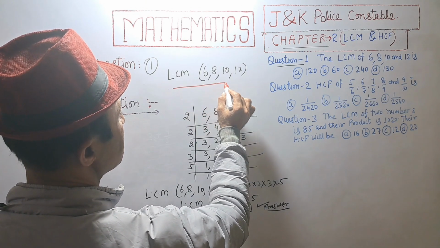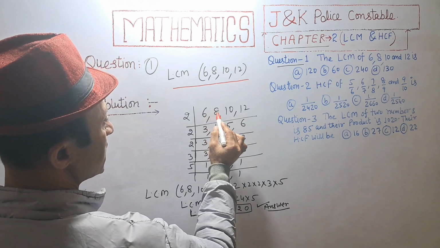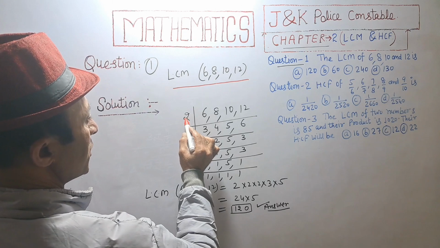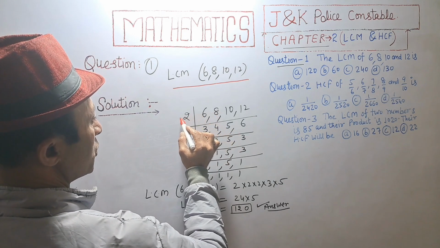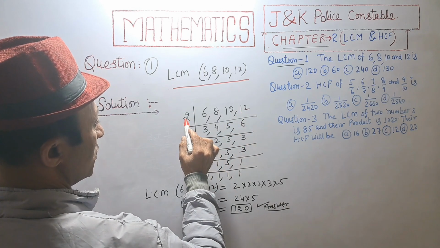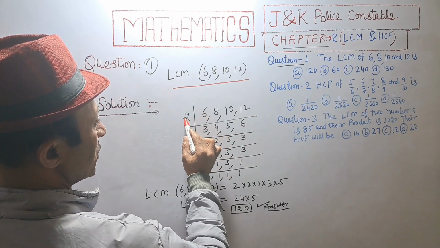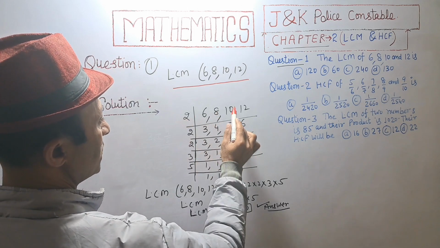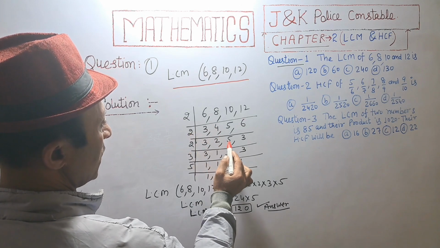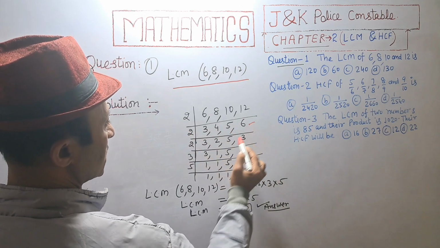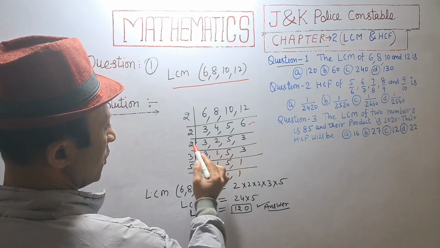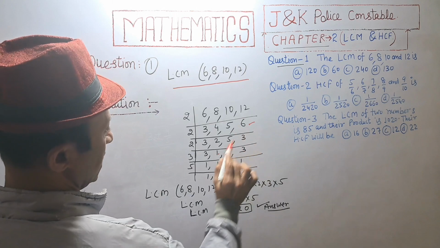LCM of 6, 8, 10 and 12. First, 6 divides 2, 8 divides 2, 10 divides 2 and 12 divides 2. 3 2s are 6, 2 4s are 8, 2 5s are 10, 2 6s are 12. 3 as it is, 2 2s are 4, 5 as it is, 2 3s are 6. 2, 3 as it is, 2 1s are 2, 5 as it is, 3 as it is.